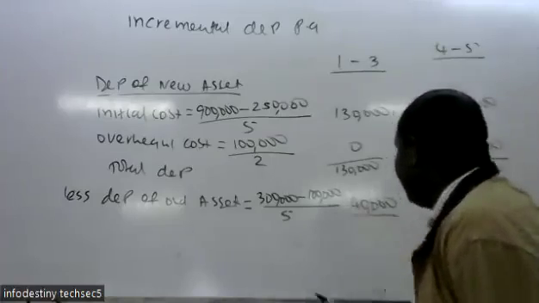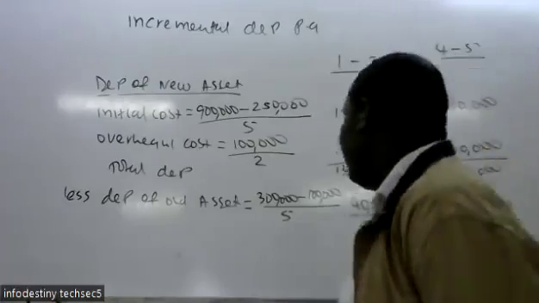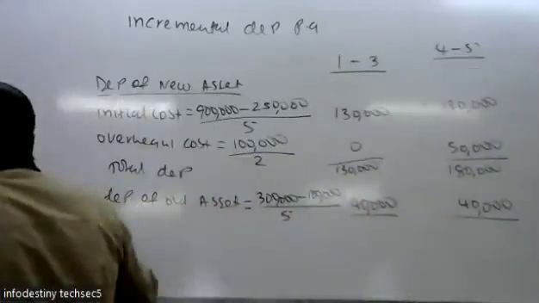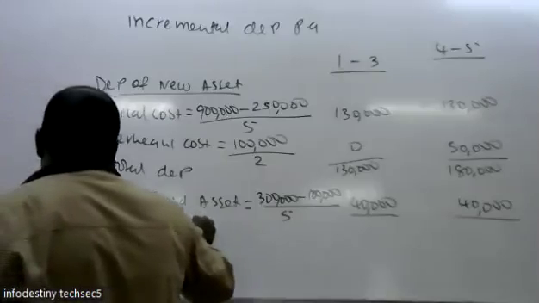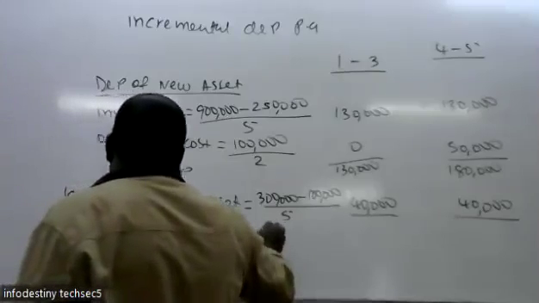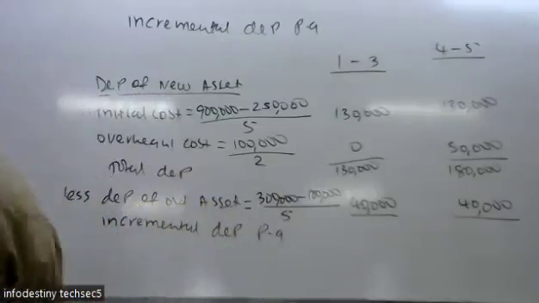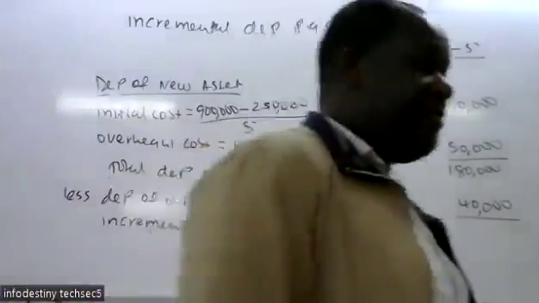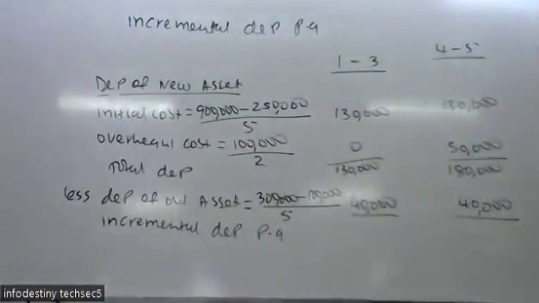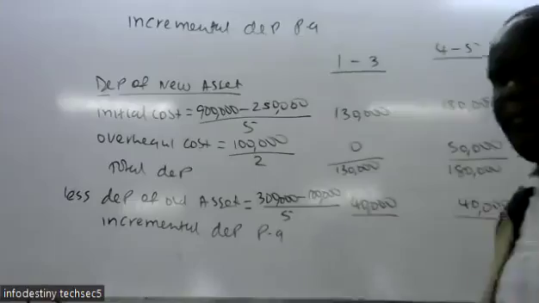So when we subtract, we shall be able to come up with the incremental depreciation per annum.